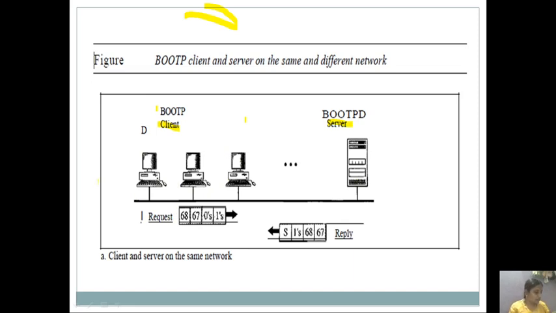In Bootstrap we find the IP address using the MAC address. The request goes to the Bootstrap server. The server already knows all the machine addresses, and it replies using that. In this diagram the client sends the request, and the Bootstrap server gives the reply. This is called client and server on the same network.